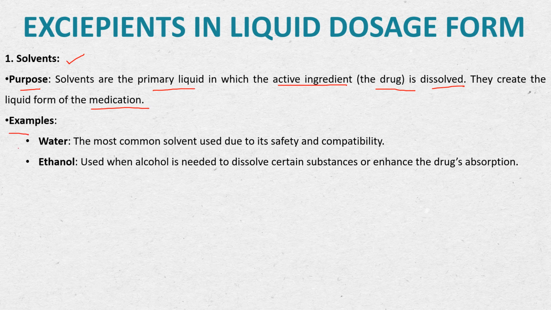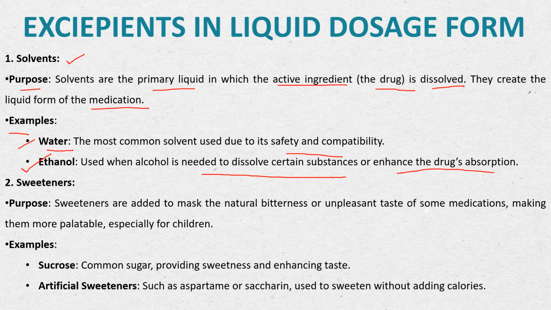First is water, the common solvent used due to its safety and compatibility. Water is the safest solvent that we use in medication. Next is ethanol, which we use when we need to dissolve certain substances or want to enhance drug absorption for the medications.